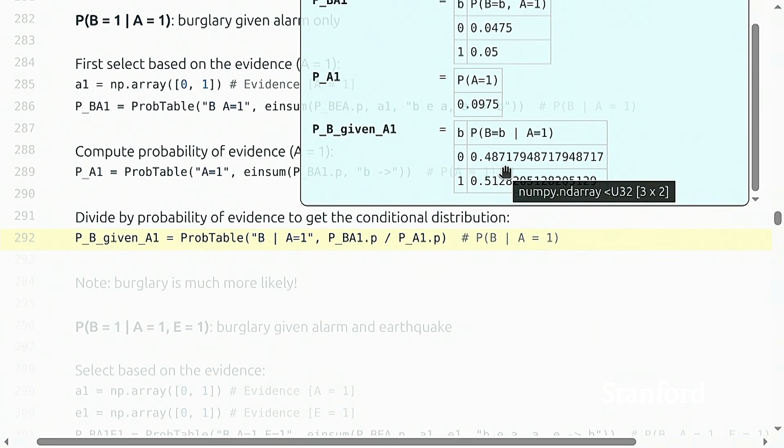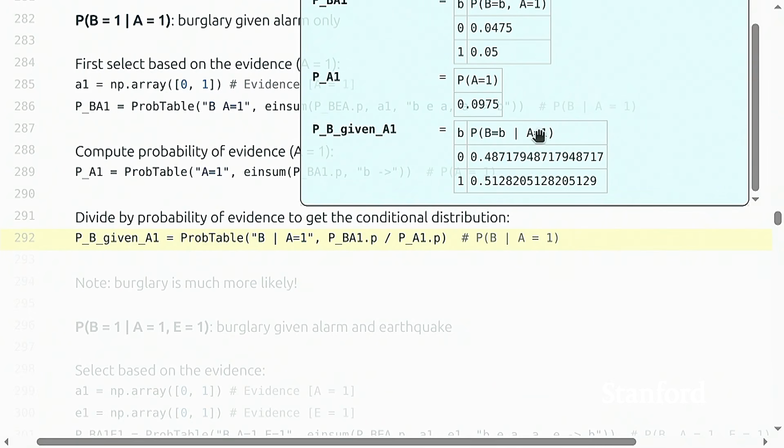Usually when you divide by the evidence, that scales up all the probabilities, because they have to normalize to 1. Notice that these don't sum to 1. It's only when you divide by the probability of the evidence that you get a distribution.